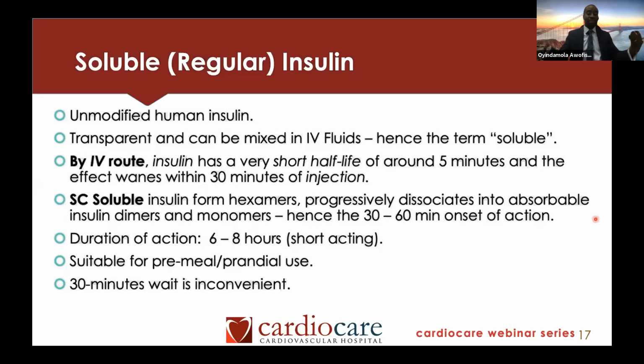Assuming I'm eating 3 times a day, I'm going to eat my lunch at 2, and I want to use another insulin at that time. You can imagine what's going to be happening. That means there will be an overlap in the action of the insulin I use in the morning and the one I'll use at lunchtime. And that overlap is not a useful overlap because the insulin is at the tail end of action. That is, the action is waning at that time. And because it's waning, it cannot cover for a meal.